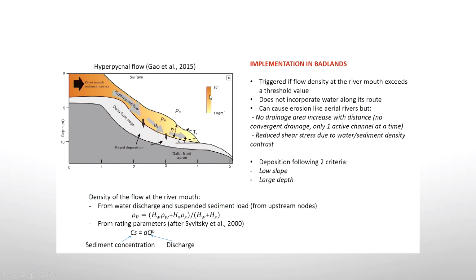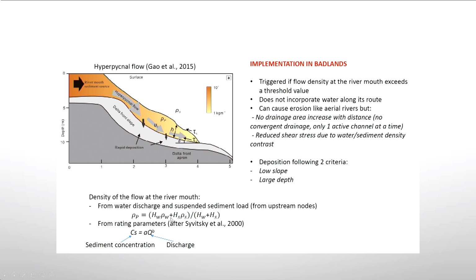So this is done very simply by assuming that you can have submarine hyperpycnal flow when the sediment and water flow that comes to the base level reaches a certain density. This can be achieved either by simple mass balance: you compute the amount of water you have, you compute the amount of sediment you have, and you see what is the mass of the flow.